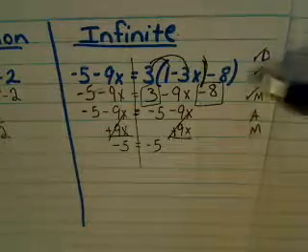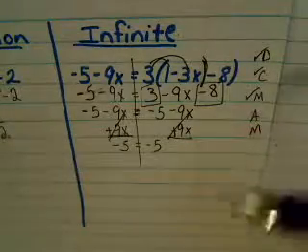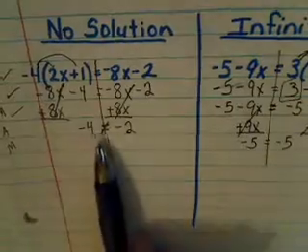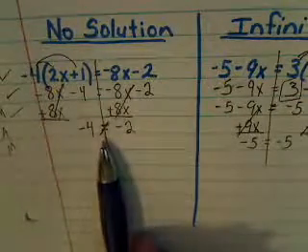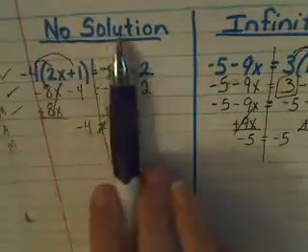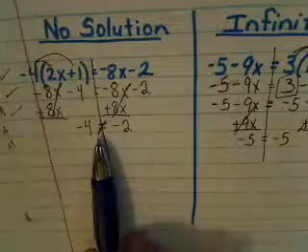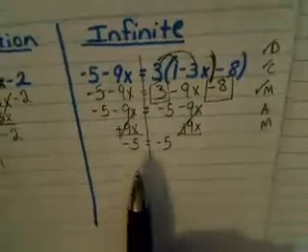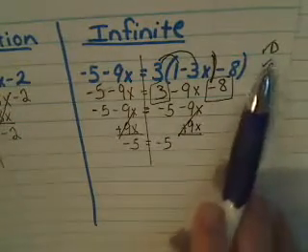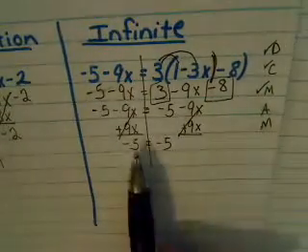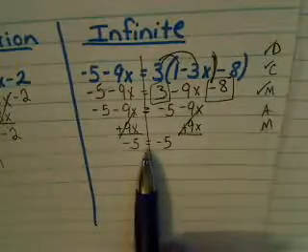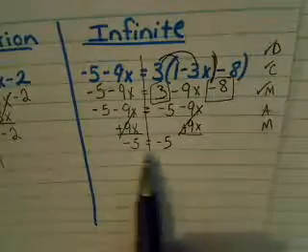So basically, if you follow the steps to solve an equation, and your last answers are like this, and they could not be equal, it is no solution. Think, no way those could be equal. Infinite means you solve all the steps using these different steps here, and you end up getting two numbers that are exactly the same.